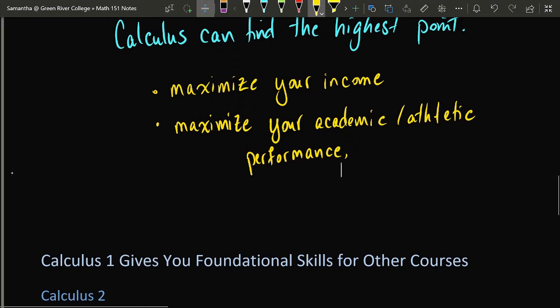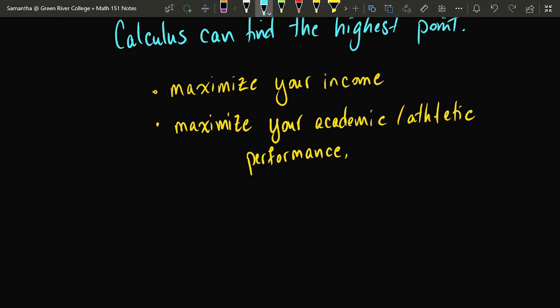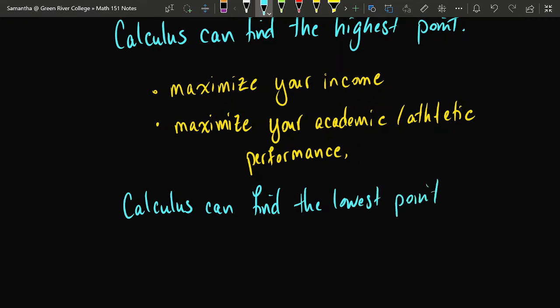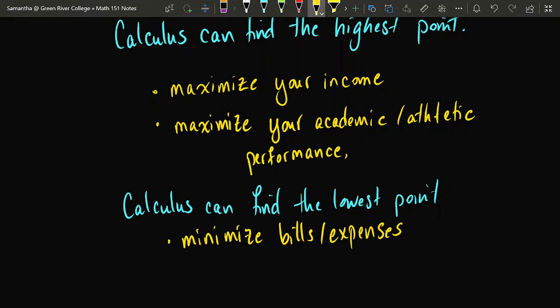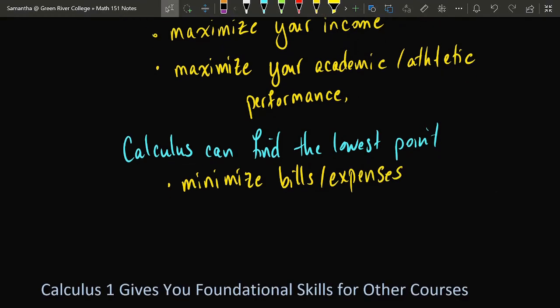Calculus can also find the lowest point on a graph. In real life, that might represent something like minimizing your expenses. Might represent something like minimizing the amount of time you spend on a project.